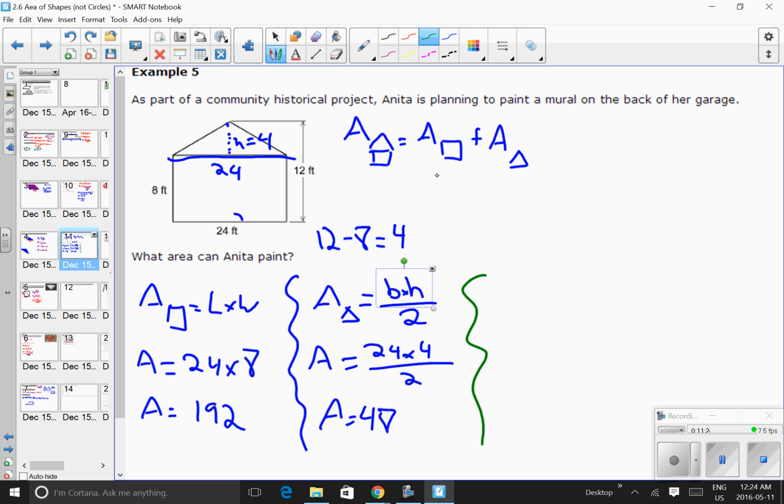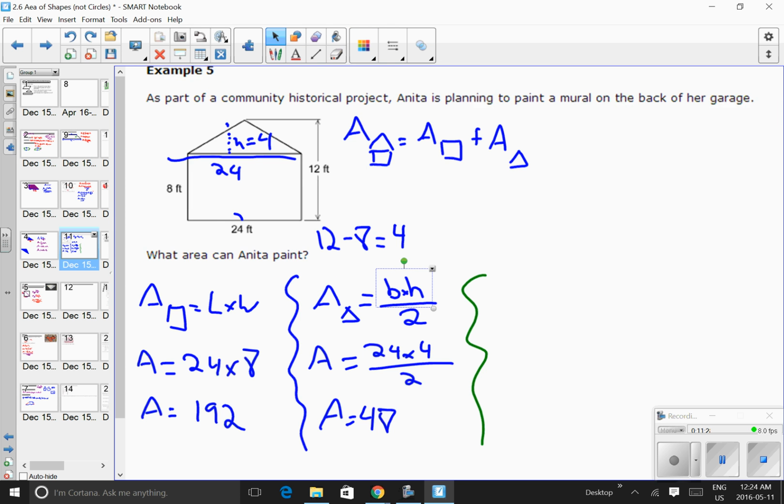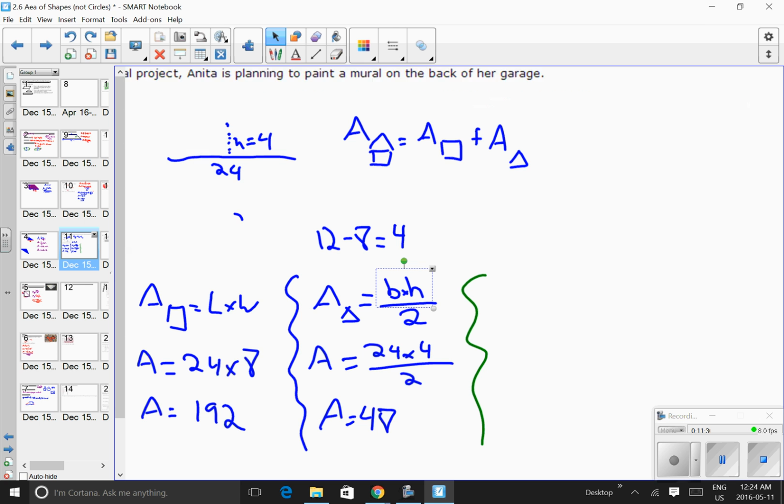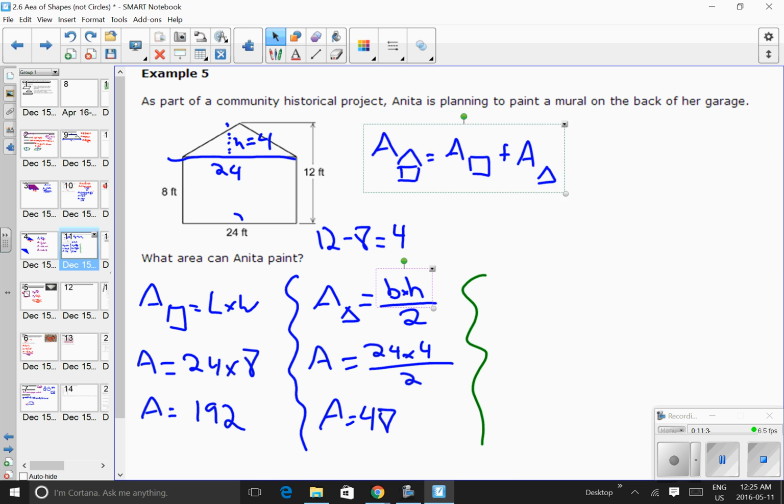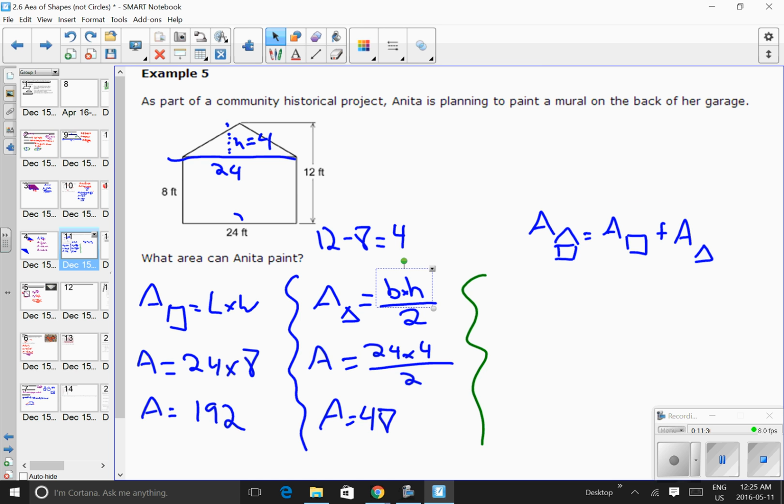So remember this part here. I'm not going to rewrite it. Ooh, maybe I'm going to have to. Alright, so this formula here. Remember, I want to figure out the area of my house. Sorry, I mean garage.